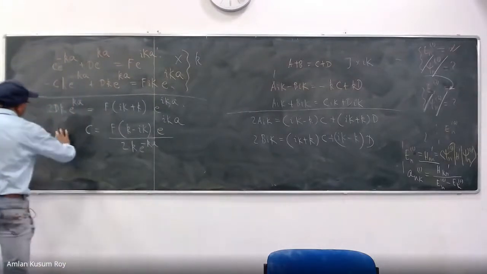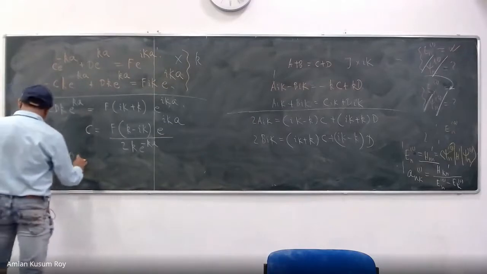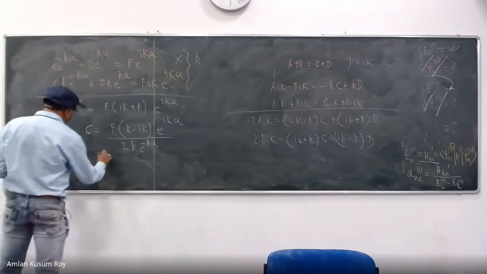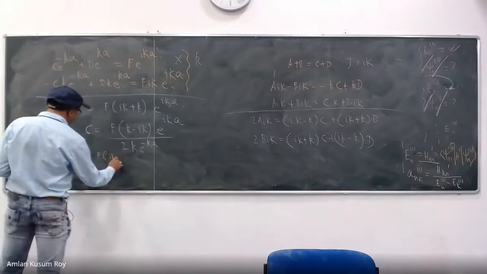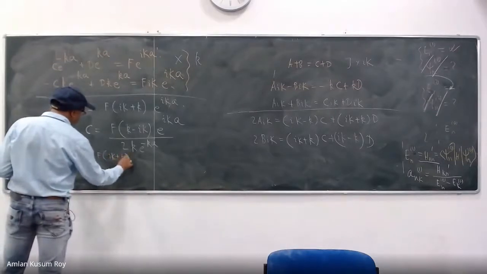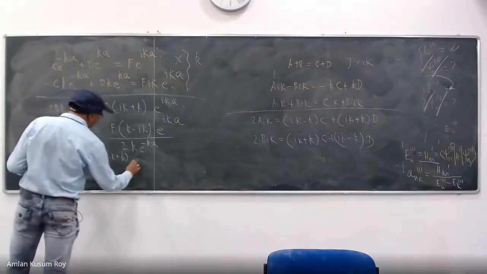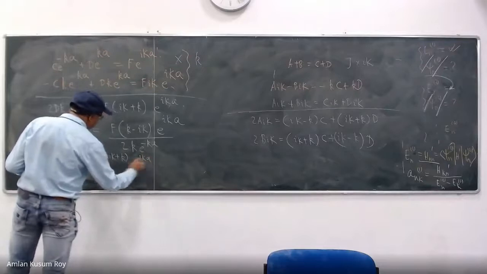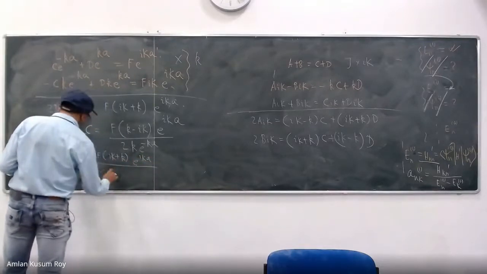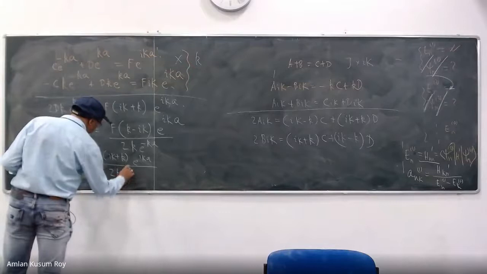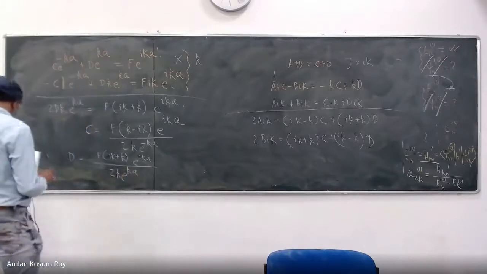D is equal to F into ik plus kappa e to the power ika over twice kappa e to the power kappa A.